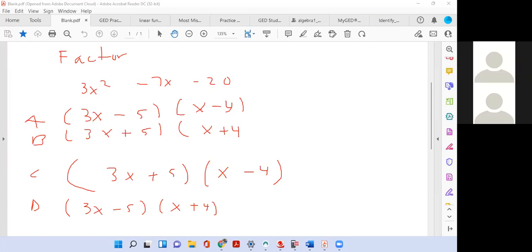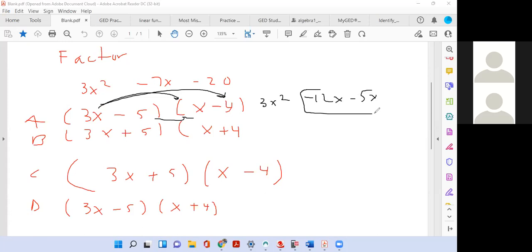So again, if you know how to multiply binomials, then we go 3x squared minus 12x minus 5x. So you notice right there that this is minus 17x. Our middle term is minus 7. Can be A. We're going to do the same thing for here. 3x squared.